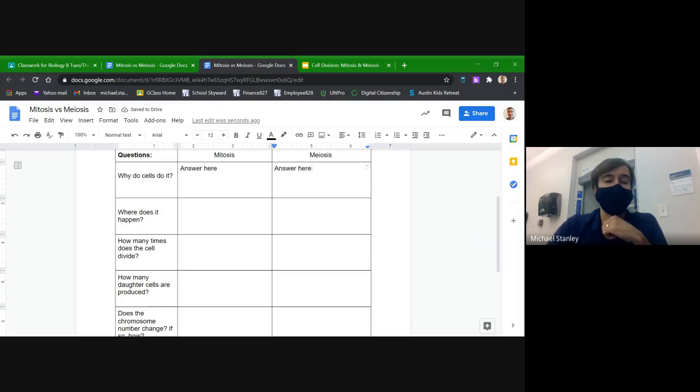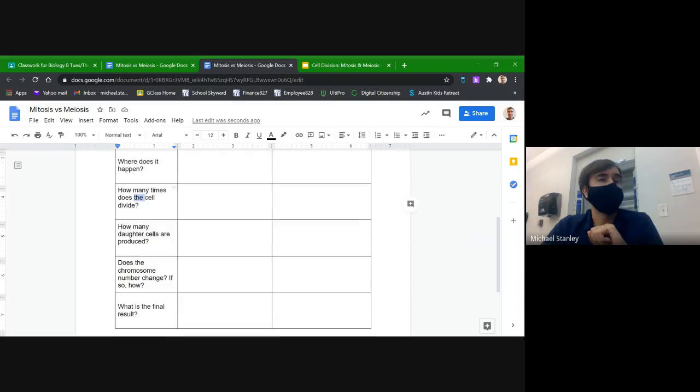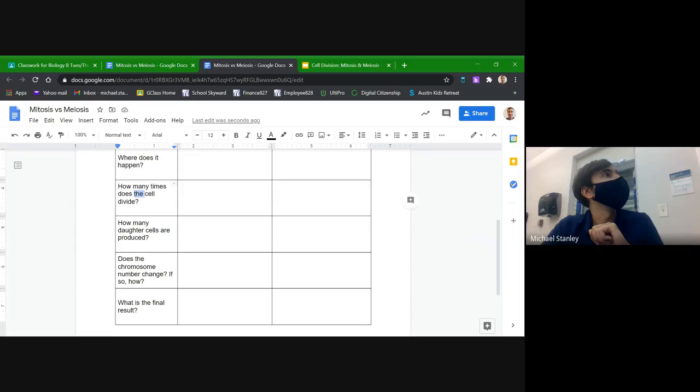your answers to why do cells do meiosis and why do cells do mitosis? Where does meiosis happen and where does mitosis happen? How many times does the cell divide when we go through mitosis or meiosis? How many new daughter cells are produced at the end of mitosis or meiosis? Do we have any change in chromosomes? And if we do, what kind of change is it?